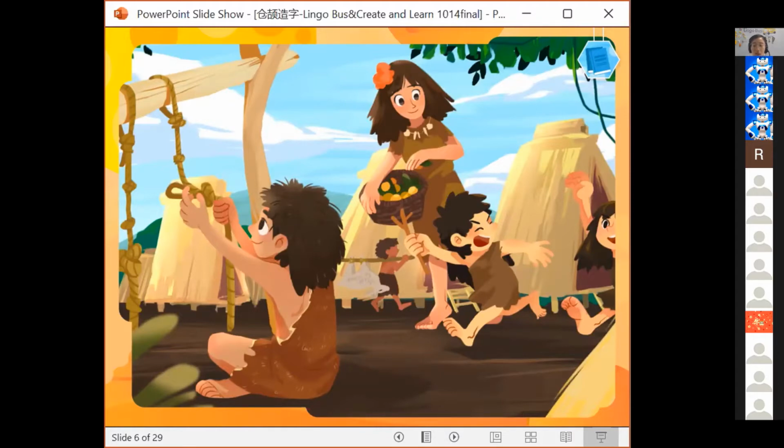Great, the woman has a tooth necklace. Yes, they didn't wear shoes. They didn't have big houses, they lived in small tents. They used to hunt. Great points, guys. All right, now let's look at the kid on the left.